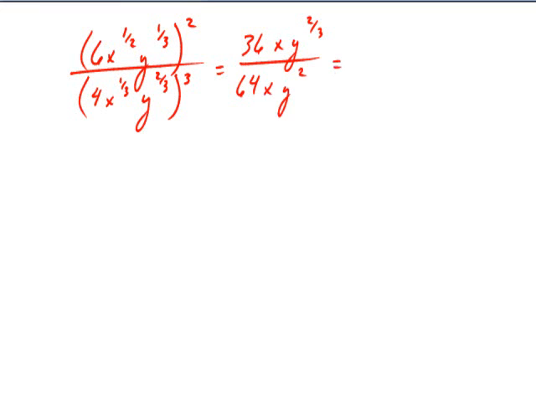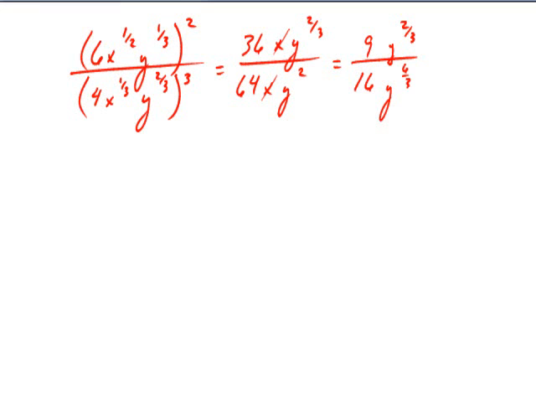I can divide numerator and denominator both by 4. My x's cancel out completely, but the y's I need to subtract. I need the same denominator in both of those fractions. If I leave the 2/3 alone but change the y squared into thirds, which would be 6/3, I can then subtract the exponents.